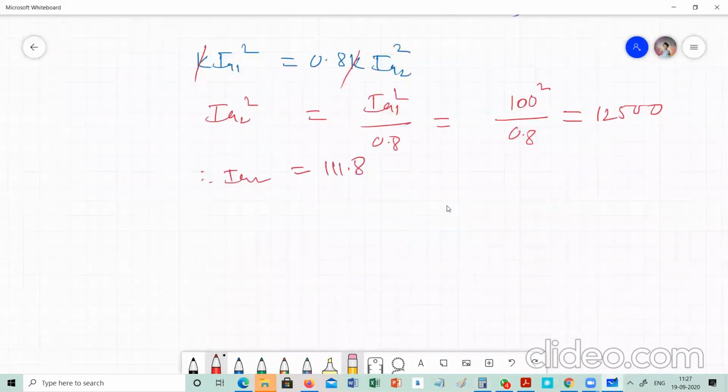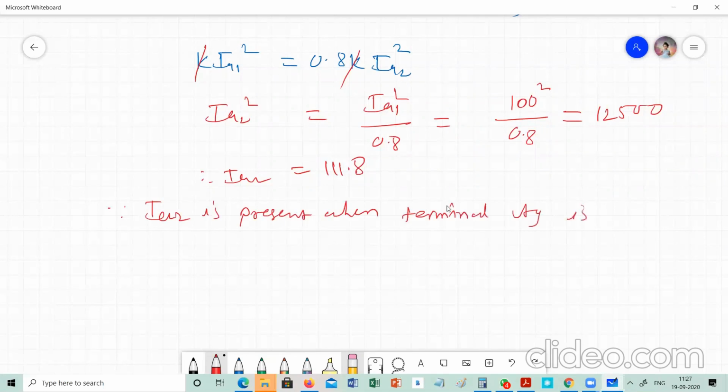But this current is present in the second case. IA2 corresponds to the second case, but in the second case the terminal voltage is reversed. Therefore, as the terminal voltage is reversed, IA2 must have a negative sign.